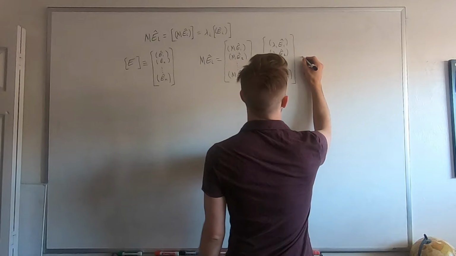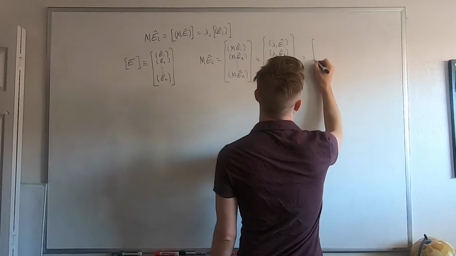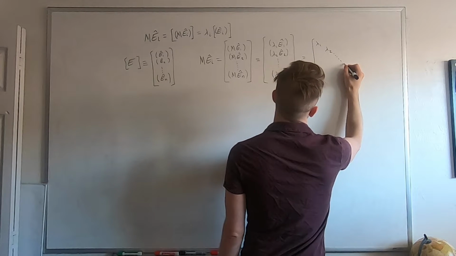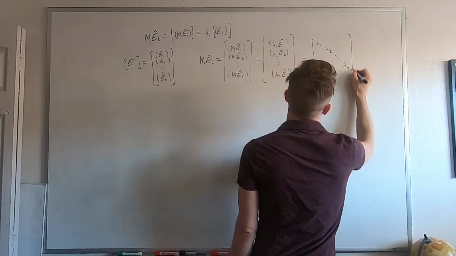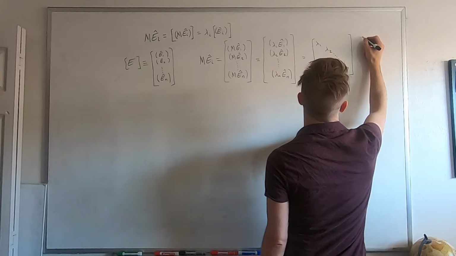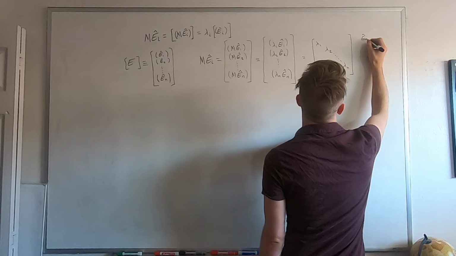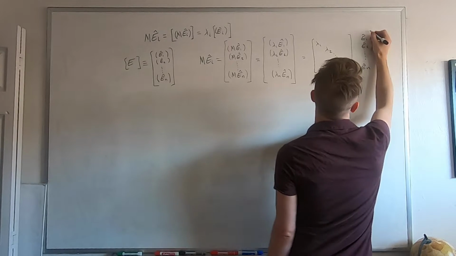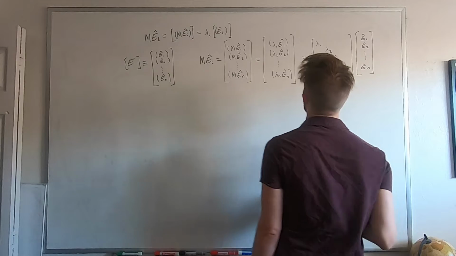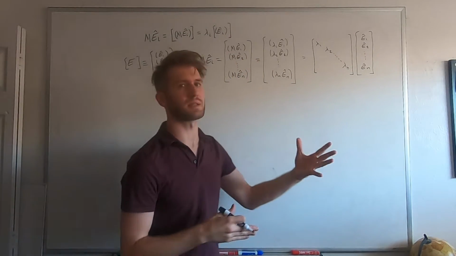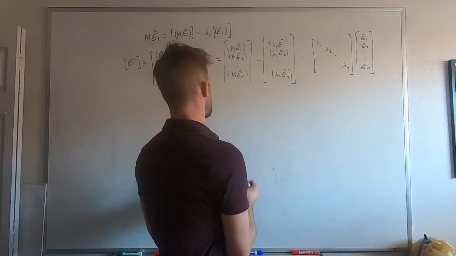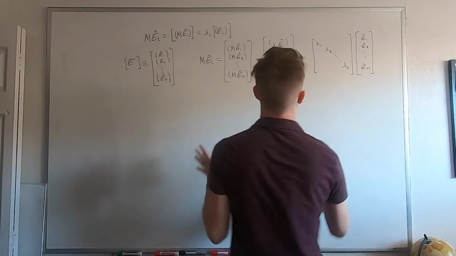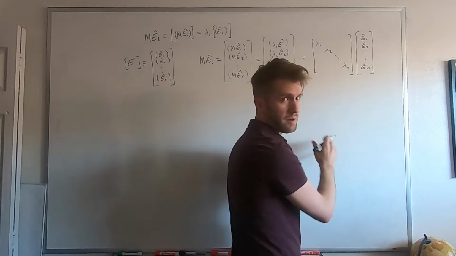So what we get here is some diagonal matrix where we have lambda 1, lambda 2, lambda sub n, and then once again we're just going to have E hat 1, E hat 2, and then E hat n. Great. So now we can express this a little bit more compactly as just some matrix elements here. So what we have is basically what we have defined to be our eigenvalue problem now.